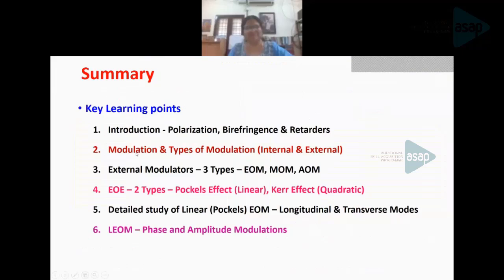There are two types of effects, the linear effect and the quadratic effect, and we have studied in detail the longitudinal and transverse modes of operation. And finally, we have seen the phase and amplitude modulation for the longitudinal and transverse cases. That's all about this portion.